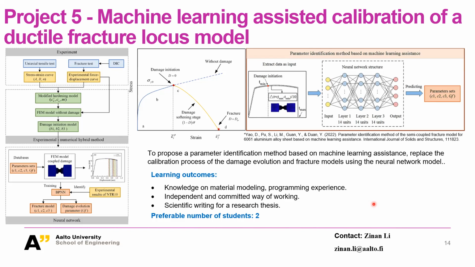So project 5 is the calibration process for the fracture locus.